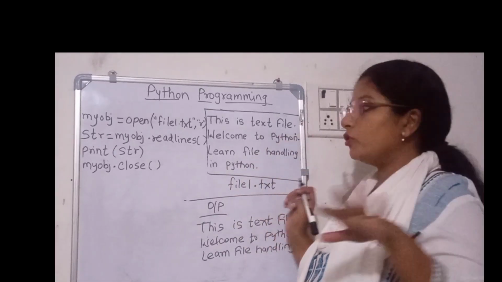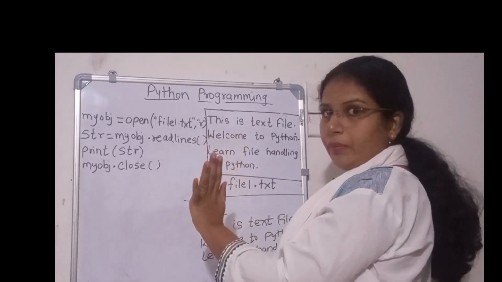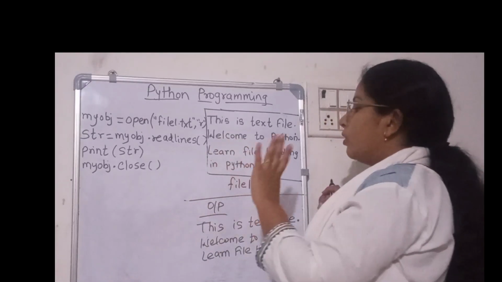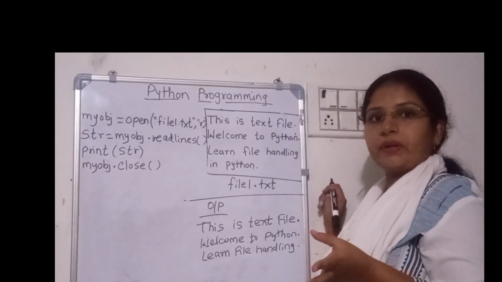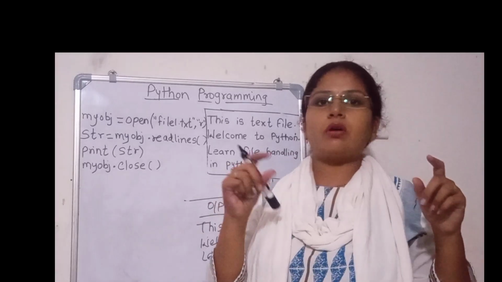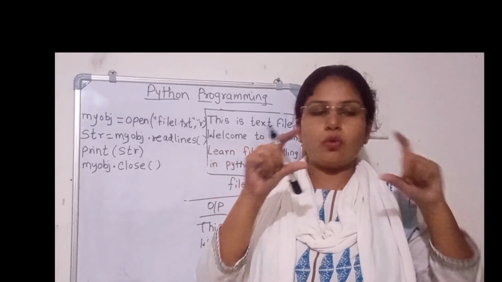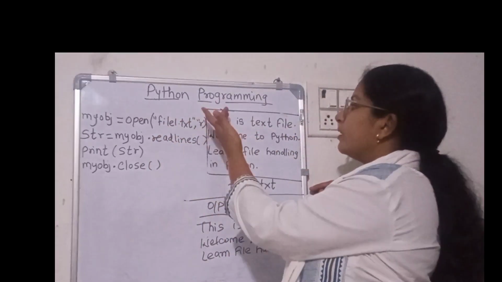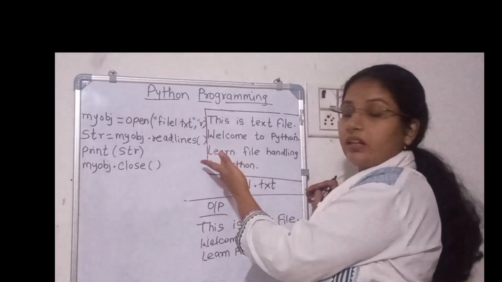If you are using the read method only without any parameter, again you are reading the whole content, but how will your output be displayed? Your Python or any application output window is horizontal, so it doesn't matter that this is the next line, this is the next line.